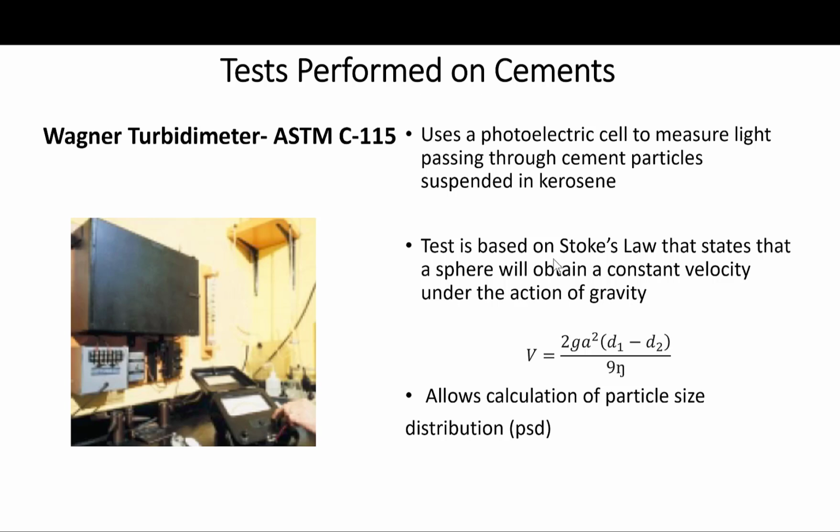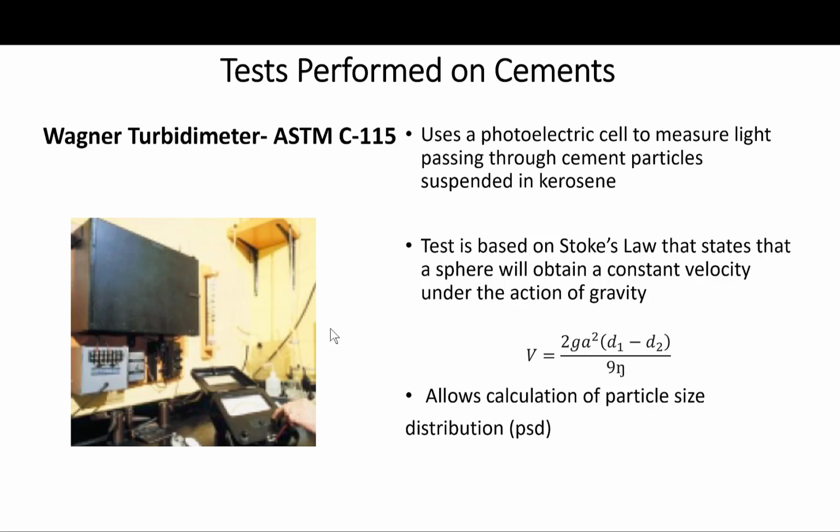This method of measuring involves the suspension of the cement in kerosene in a tall glass container. Then parallel rays of light are passed through the container into a photoelectric cell. An image of it is shown here in this photo.